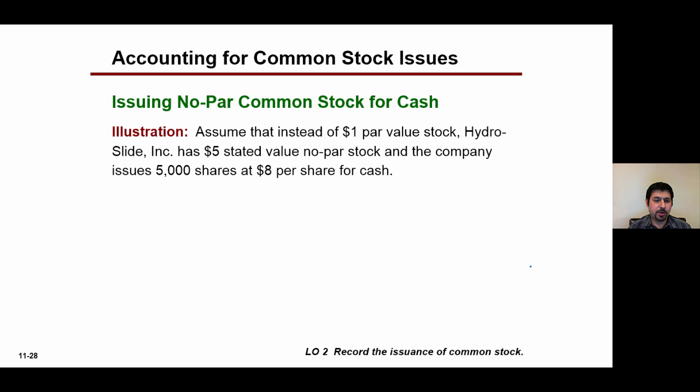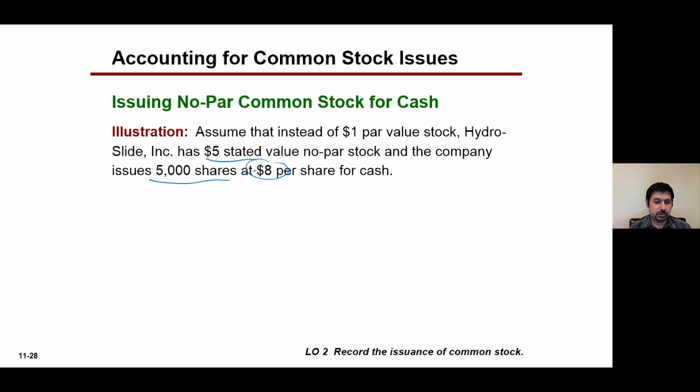Now, if the company issues no-par common stock, this is a common stock that does not have a par value. Let's say that instead of $1 par value stock, Hydroslide Inc. has $5 stated value. As you remember, the stated value is assigned by the board of directors. Here the company is selling 5,000 shares at $8 per share. The selling price is $8, the stated value is $5, and the number of shares is 5,000.